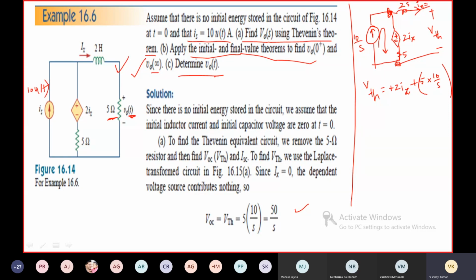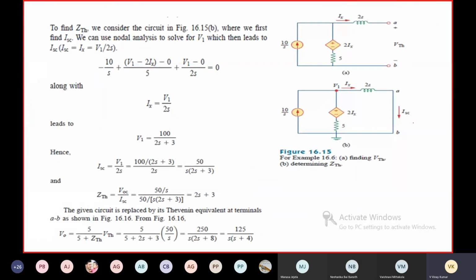If you open the circuit, that is, if you remove the load resistance, Ix would be 0. Then this part becomes 0, and finally you are going to get 50 by s. That is VTH.